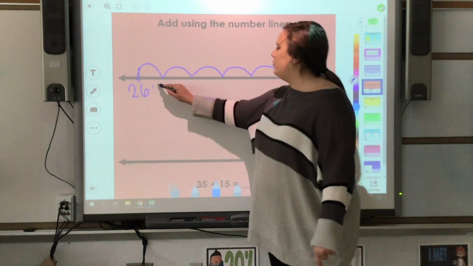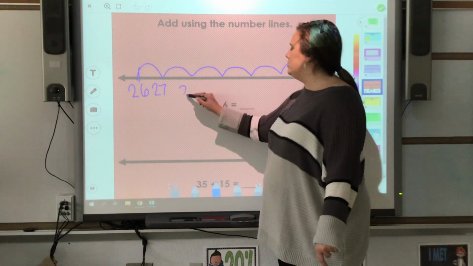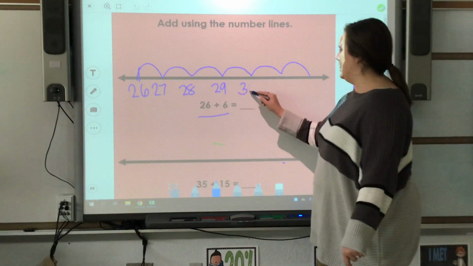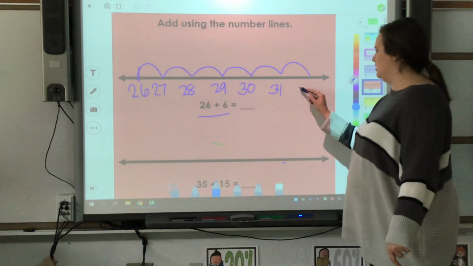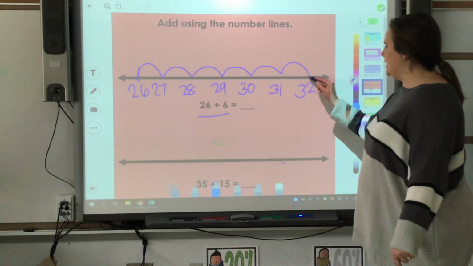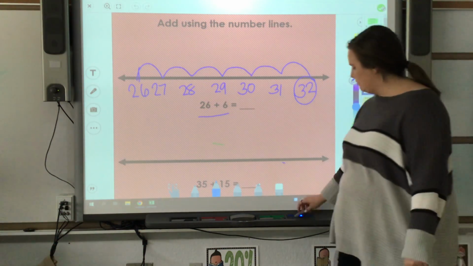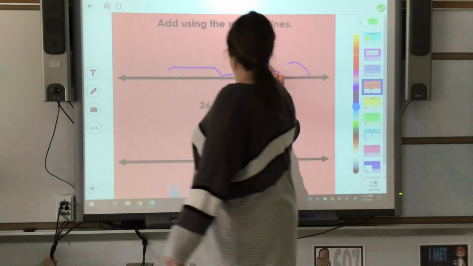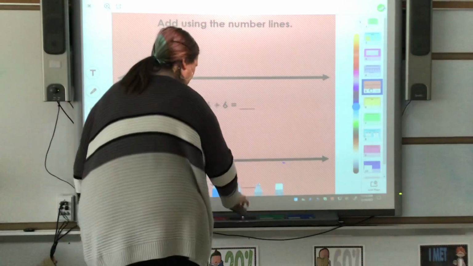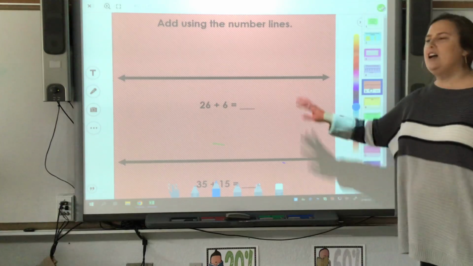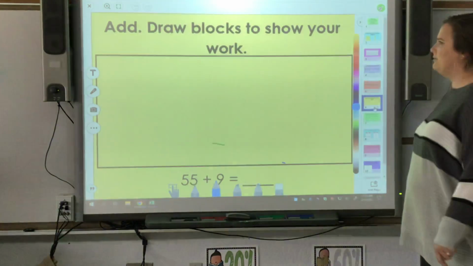And then you can fill in your numbers. And here is your answer, friends, 32. So you can go ahead and fill in your numbers on your open number line. That was easy.